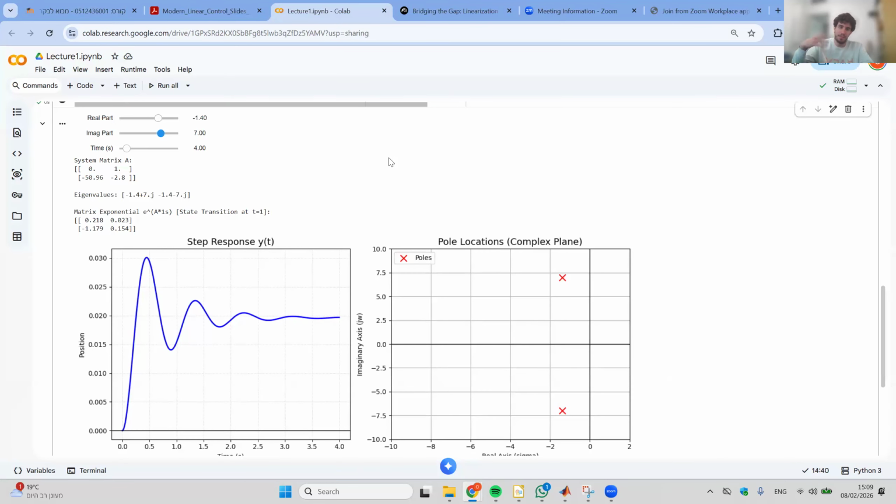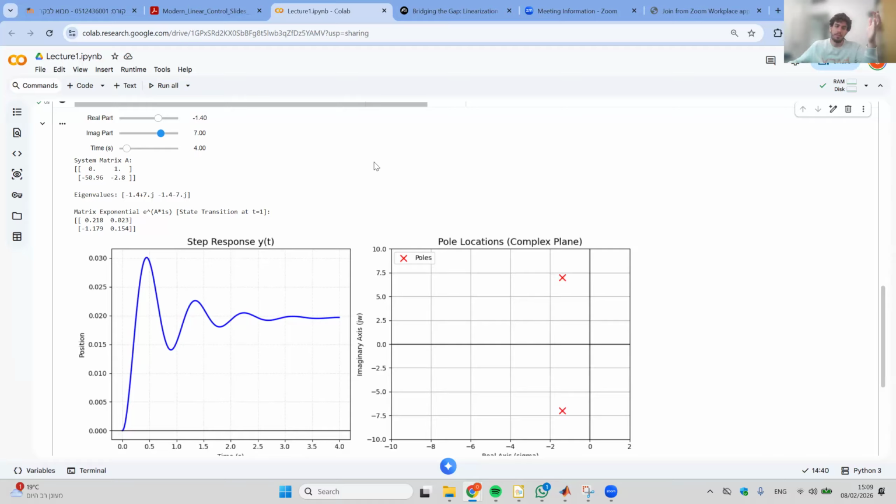This is prerequisite knowledge, but just to make sure we're all on the same page, by our definitions, we say that the system is stable if all the eigenvalues of the homogeneous matrix, like the A for state space systems, or all the poles of transfer functions have negative real value.